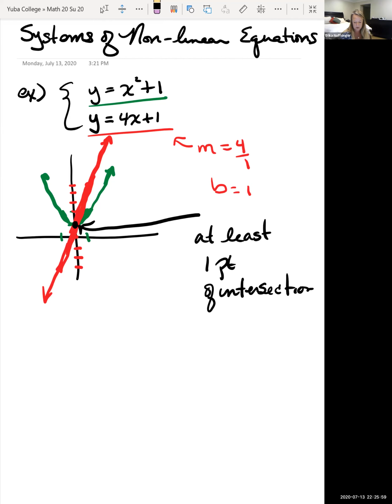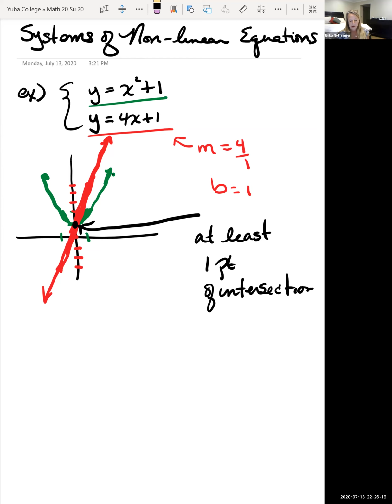It's possible this is going to come back up like this. This is growing at a constant rate, so it's possible that they might intersect again. And I wouldn't know that unless I keep continuing to graph and see, or if I go now and look at solving.